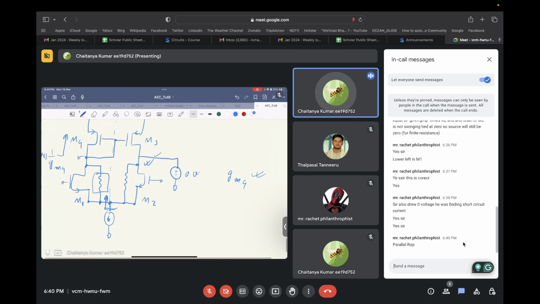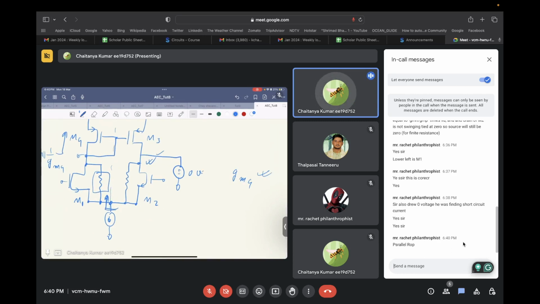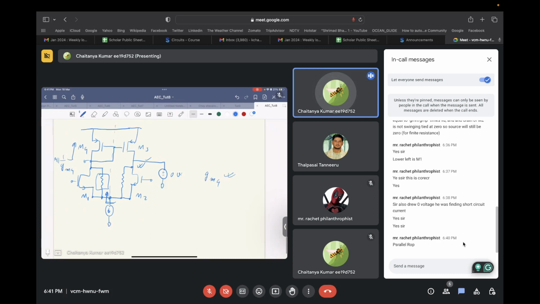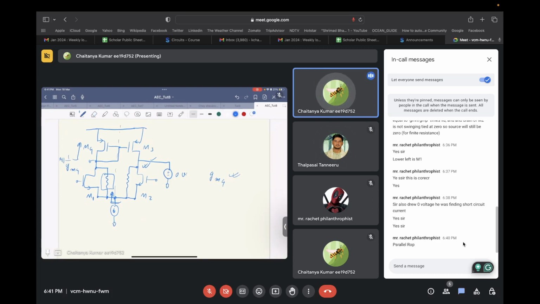Based on gain also we can approximate it, right? So gm ro should be much greater than 1. Let's try to see whether the looking-in circuit from here and the looking-in circuit from here should be roughly equal. This you want to make sure, am I right?